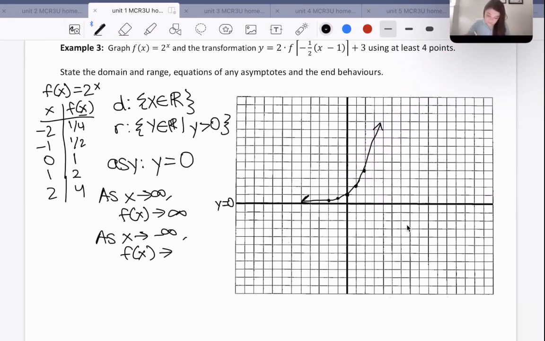Now, what about this one here? As x approaches negative infinity, as we're getting closer and closer along this line, what does f of x or y approach? Well, we already answered that with our asymptote. We said it approaches 0. It's getting closer and closer and closer to 0. The further negative we put the x value, the closer to 0 it is, and the higher we make our x value, the y value also gets higher and higher.